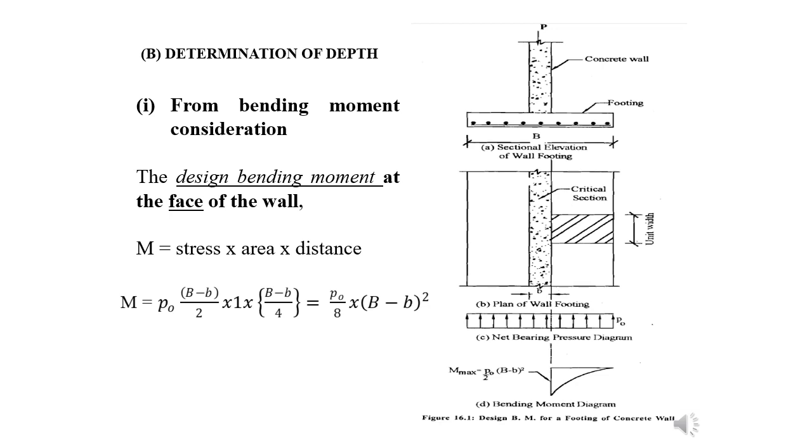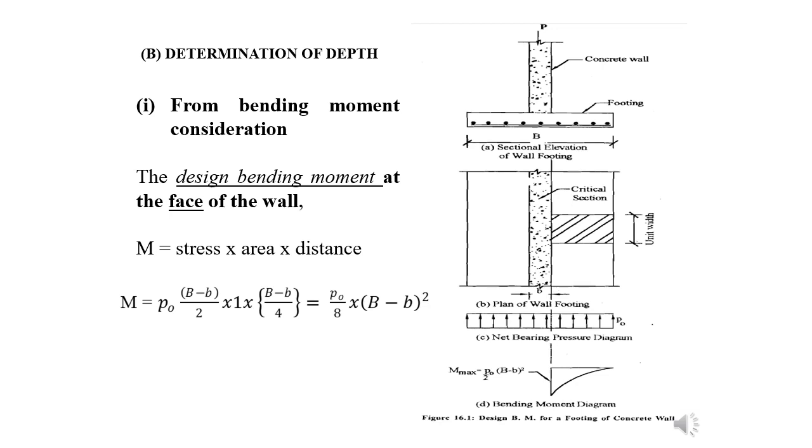P0 is the net bearing pressure and B minus b. You can see here the total width is B. You subtract the value of small b, so B minus b, divided by 2. Suppose this is the width, so B minus b divided by half, we can take as (B minus b)/2, into the area.